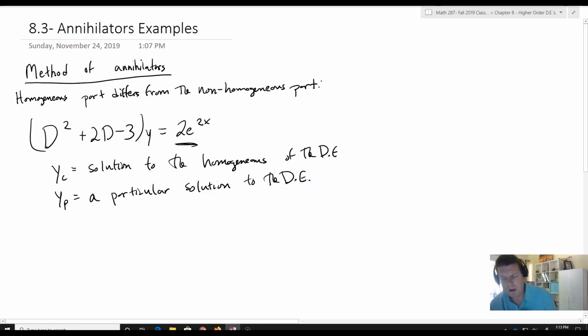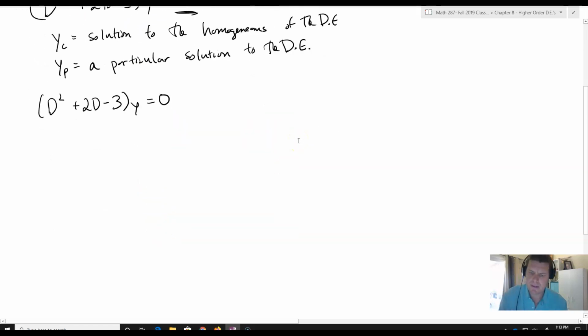All right, so the first thing that we need to do is to find the solution to the homogeneous part. So we have (D squared plus 2D minus 3)y. We're going to set that equal to 0. We've done this several times before. P of r, our auxiliary polynomial, is r squared plus 2r minus 3.